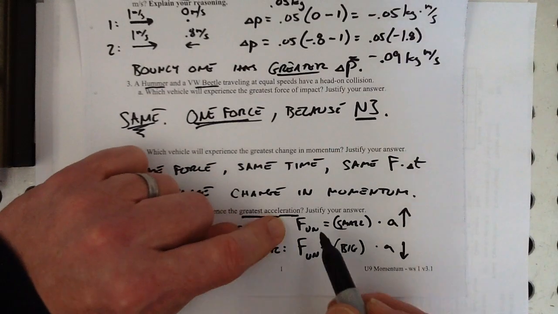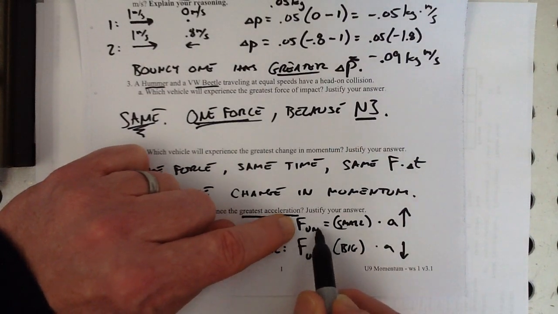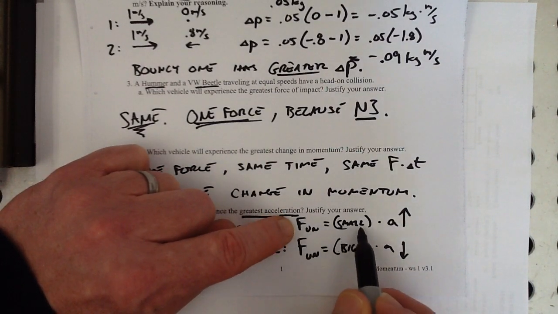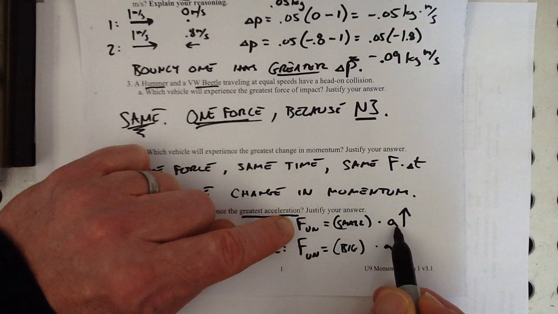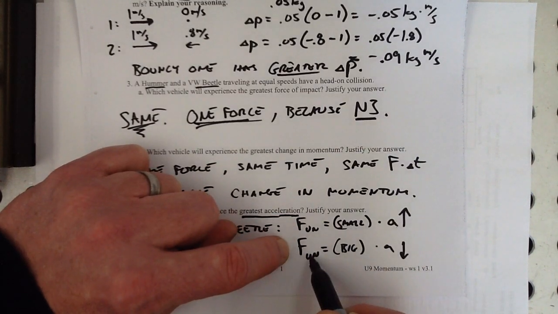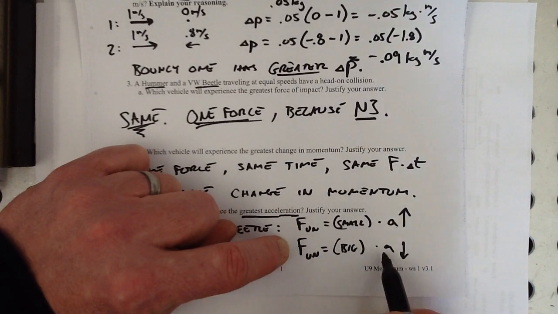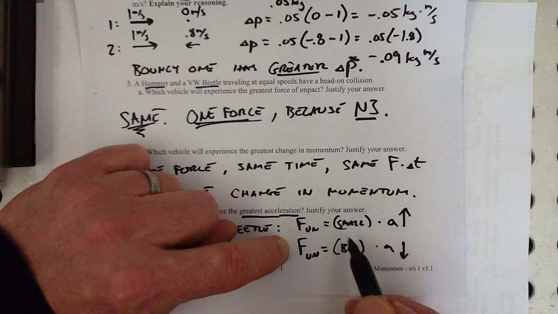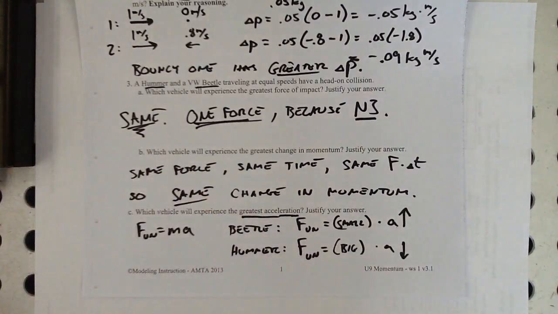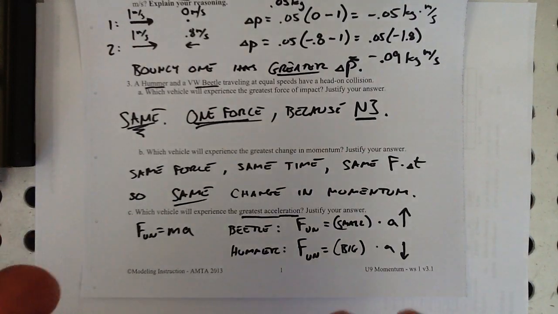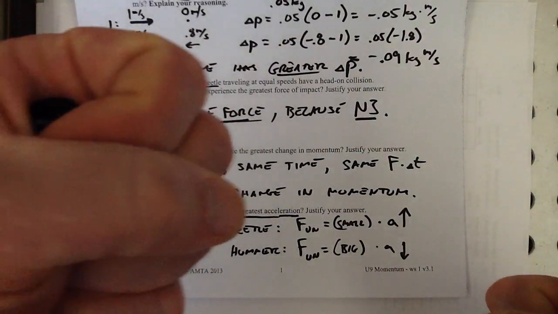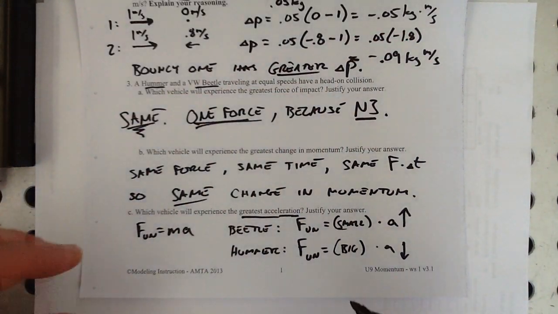So if this number is like 50, for example, and the mass of this one is like 5, then the acceleration would have to be 10. And if this is the same force, 50, and the mass of this is 10, then the acceleration would only be 5, because these things multiply to that same amount of force. So when a really big thing collides with a much smaller thing, we want something to be different.